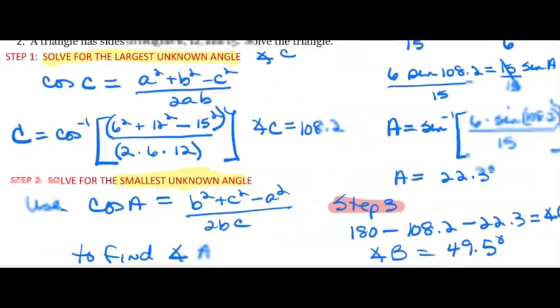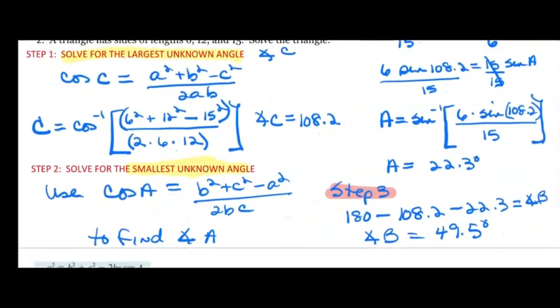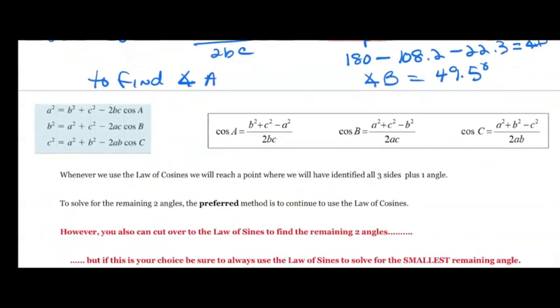So we've practiced side angle side, we've practiced side, side, side, and we've been incorporating using law of sines once we find one missing element. Okay, what else do we need to know?